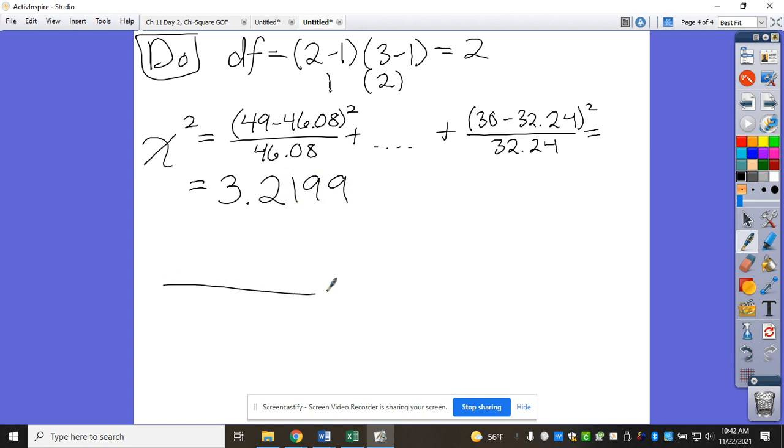What kind of shape does a chi-square always have? Right skewed. And we're always going to be shading to the right. So here is my 3.2199. And I get a p-value for this problem of what?